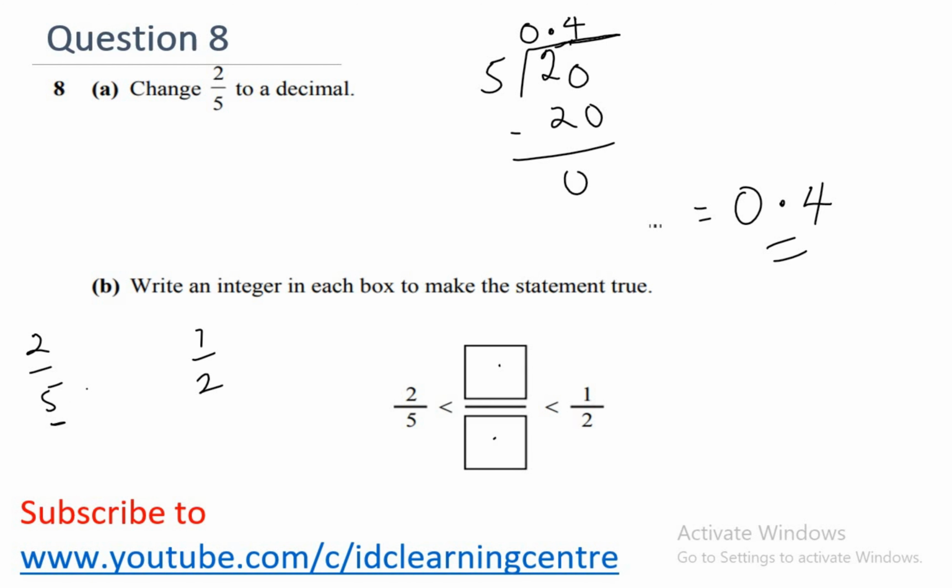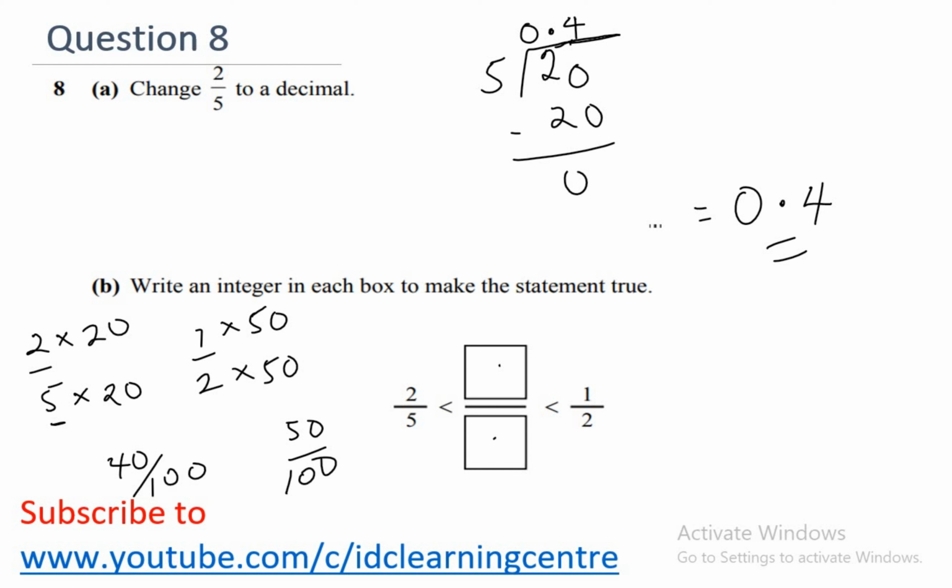To change this to 100, I need to multiply this by 20 and this by 50. If I multiply this by 50, I must multiply this by 50. If I multiply this by 20, I must multiply this by 20. So I'm going to have 2 times 20, 40 over 100, and 1 times 50, 50 over 100.